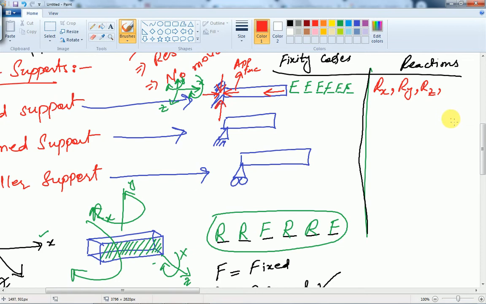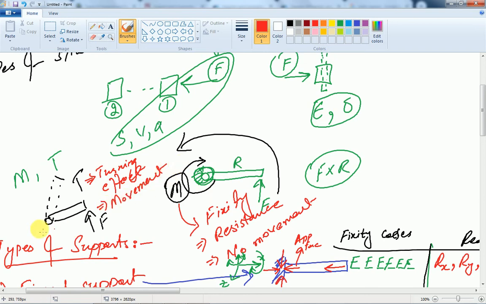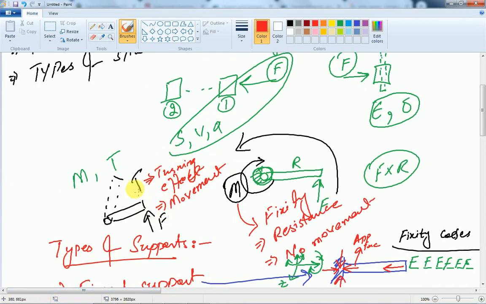We have already discussed in torque and moment that if the body is not going to turn, because there is something fixed or very heavy resistance, then a moment will be generated. That moment will surely be equal to force times perpendicular distance.